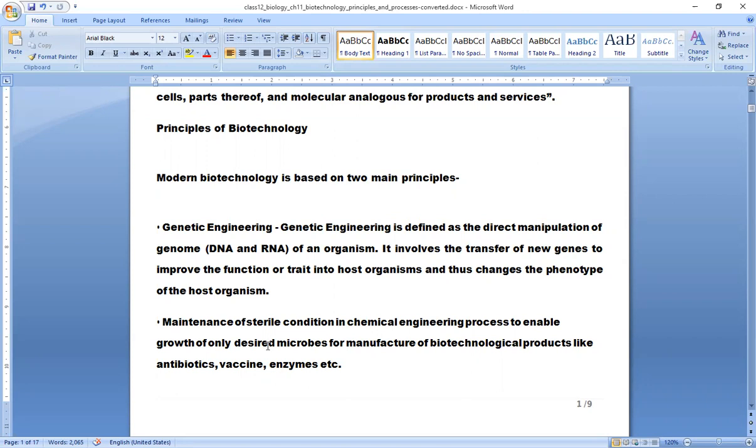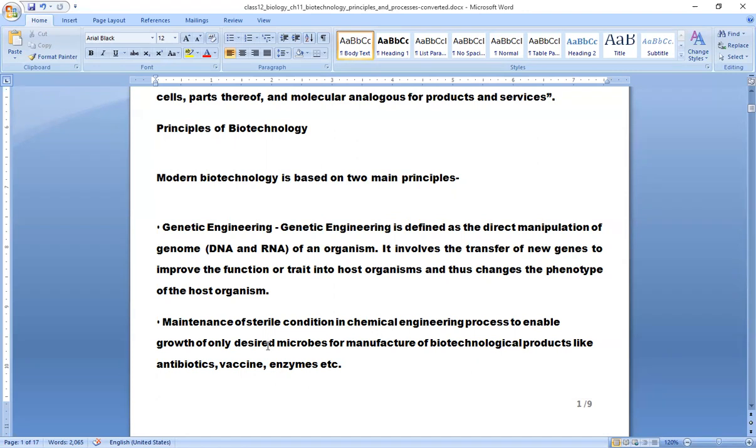And such biotechnological products are manufactured in industries, like antibiotics, which you already know, that is, the medicines which are available in the market, right? These antibiotics are also formed with the use of several microbes or microorganisms, right?